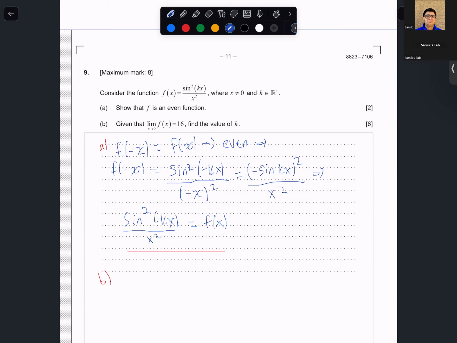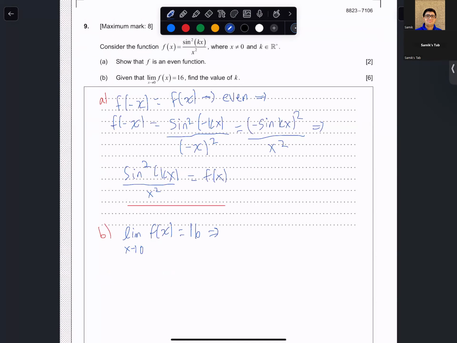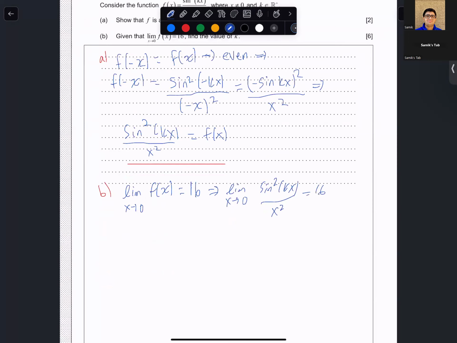First, we're given that the limit as x tends to 0 of f of x is equal to 16. So next, we can put the f of x into this: the limit as x tends to 0 of sine square of kx divided by x square is equal to 16, right?